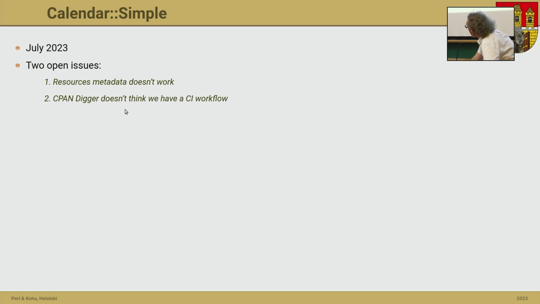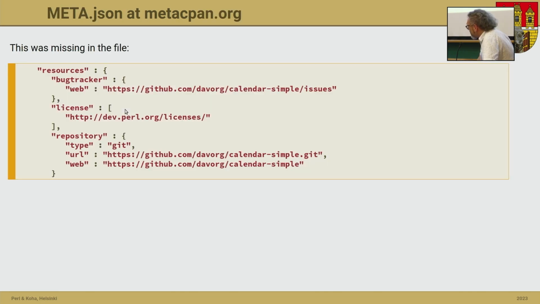One of them stated that resources metadata doesn't work, and the second one said CPAN Digger doesn't think we have a CI workflow. So I tried to concentrate on the first one, and I discovered that on CPAN, the meta.json file was missing the following lines, which most other distributions where this works have.